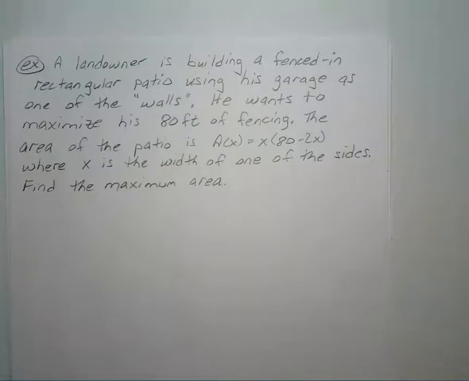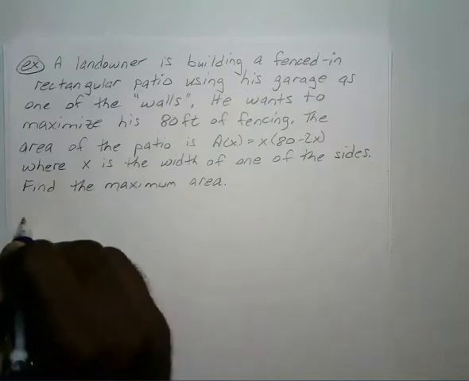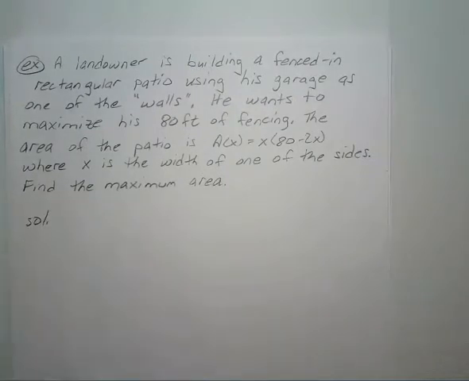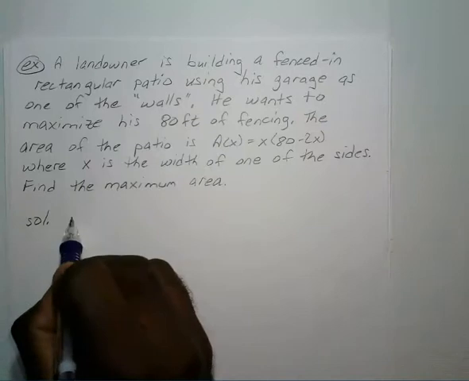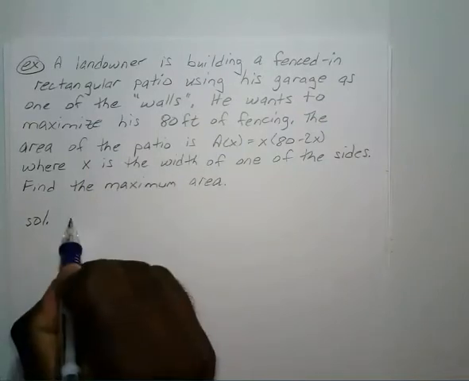Okay, so I'm assuming you've pressed pause and you've written all of this down. So now we're going to go ahead and solve this one. So to help visualize it, we're going to draw a little bit of a picture.